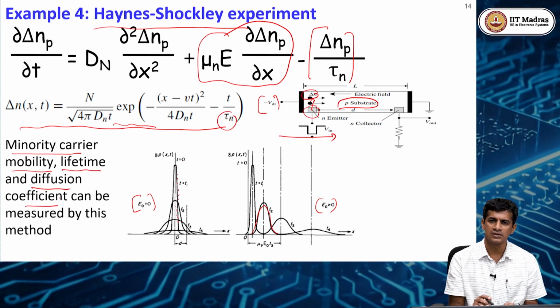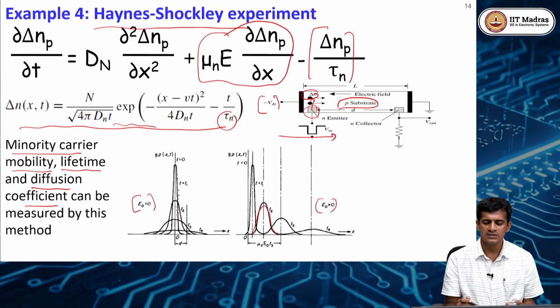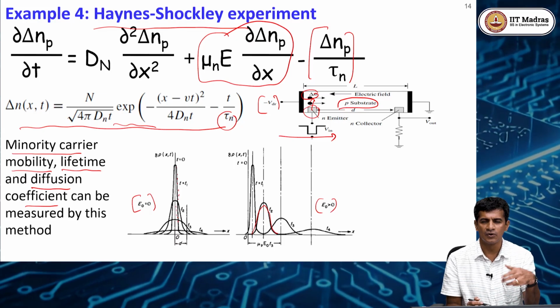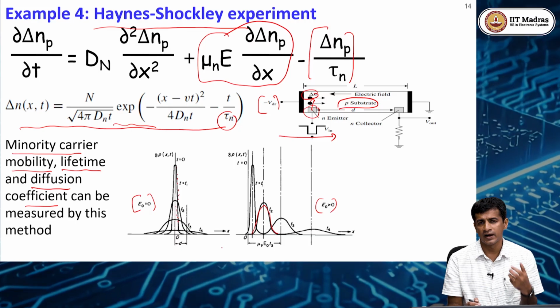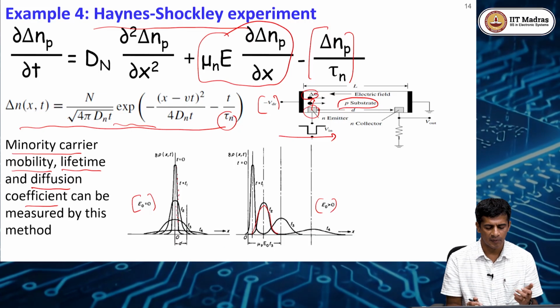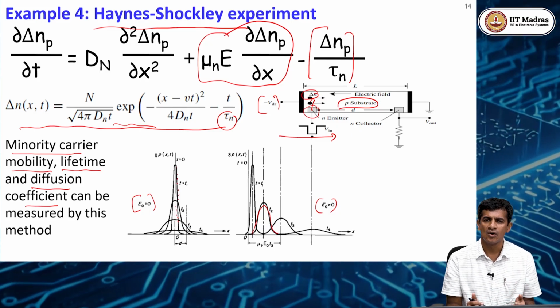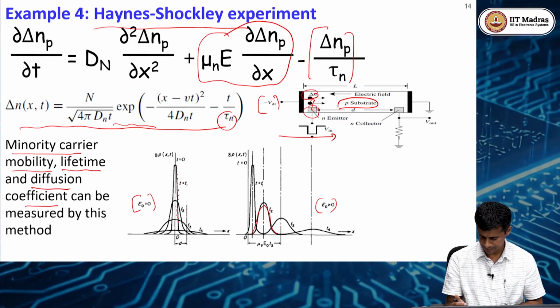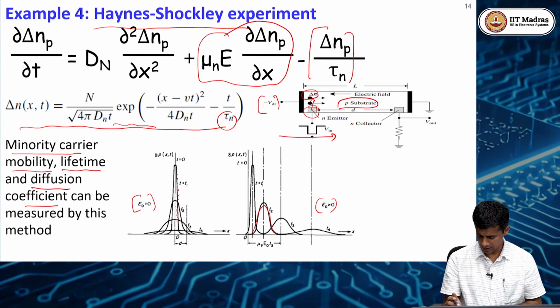So this is a very important scientific experiment: if you know the drift diffusion equation, you can solve it and find valuable material parameters like the minority carrier lifetime, the mobility, and the diffusion coefficient. All right, I hope this is clear.